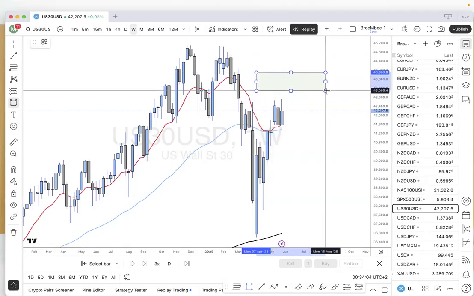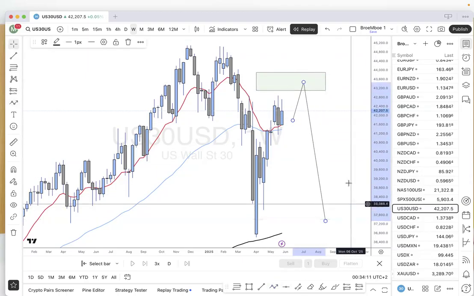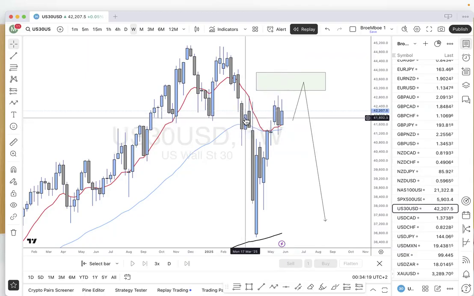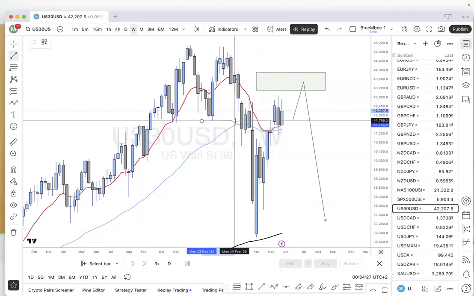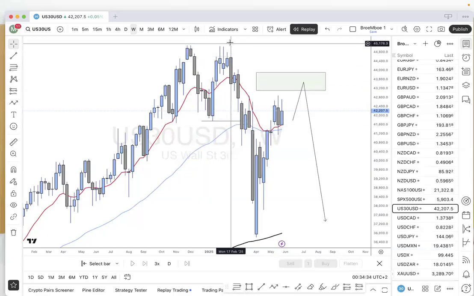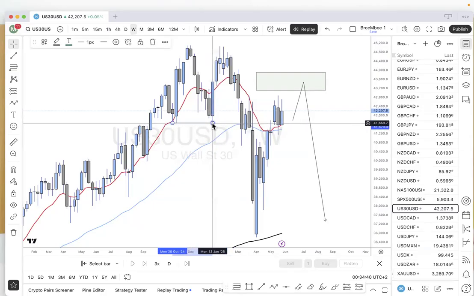Number one, price might be buying up to there before the sell, or price will start selling from where it is now. It's not really clear, but I would have expected this green candle to be at least up high here to show that it was the one that broke this low. But then again, you can tell that this low had nothing to do with anything there, but this one did have something.